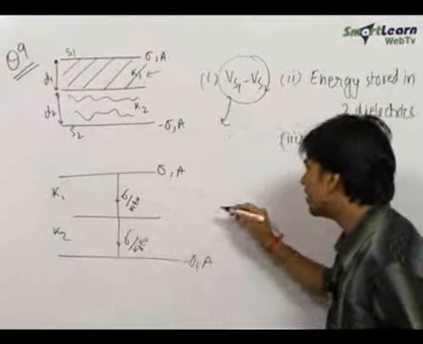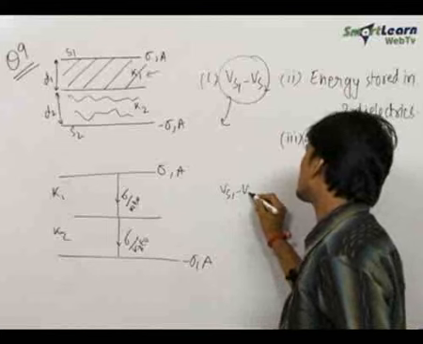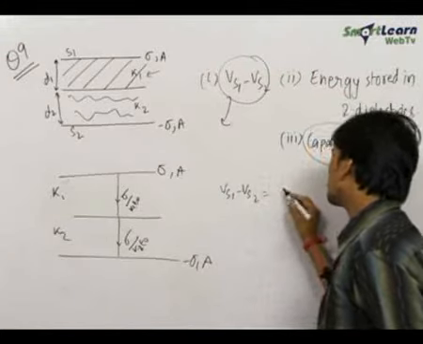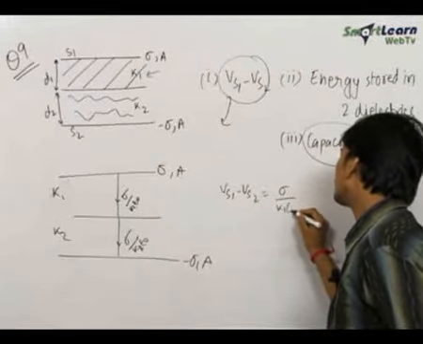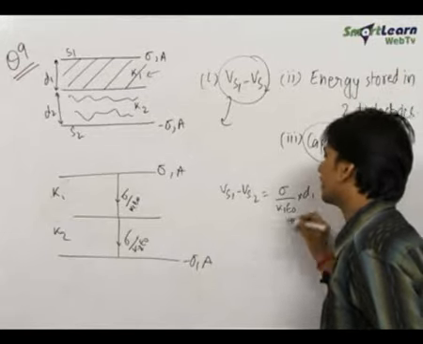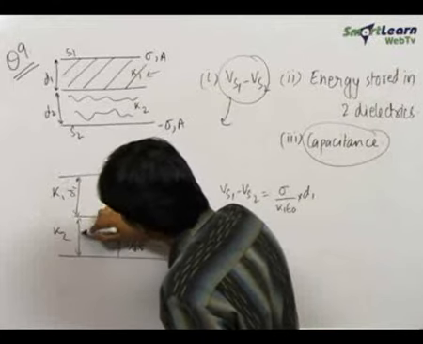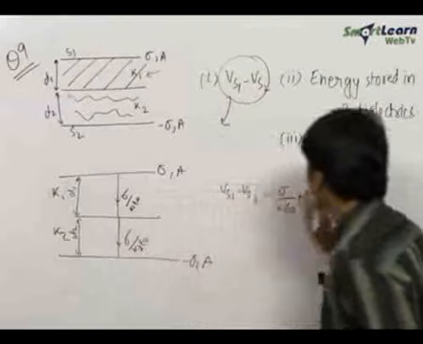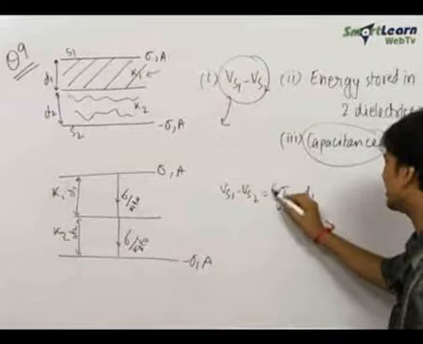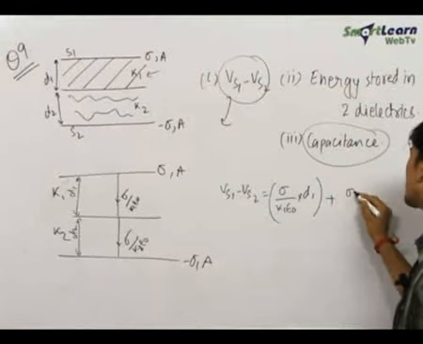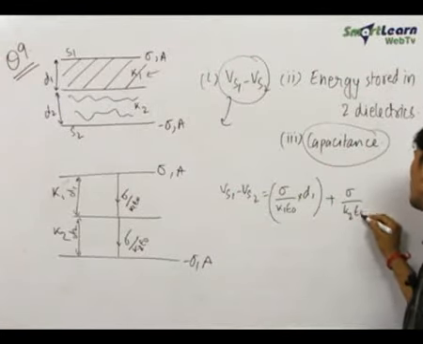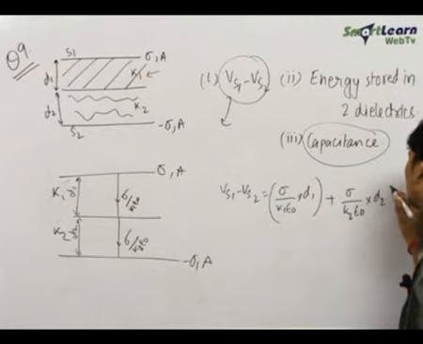So the potential difference Vs1 minus Vs2 will be equal to sigma upon K1 epsilon 0 into d1, since this is d1 and this is d2, that is equal to the electric field into the distance, plus sigma upon K2 epsilon 0 into d2.